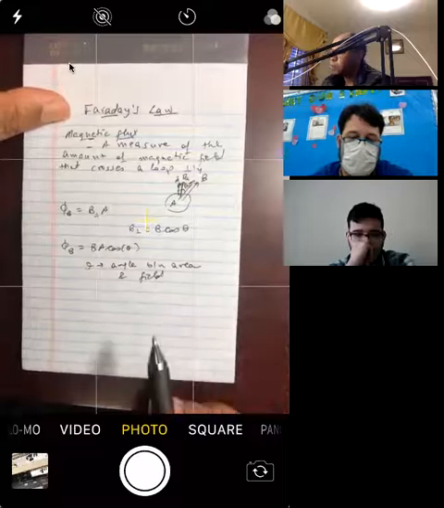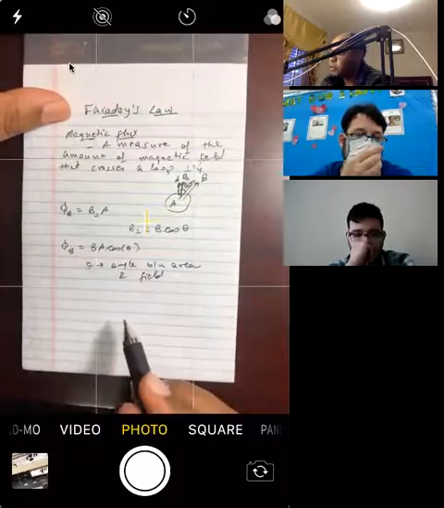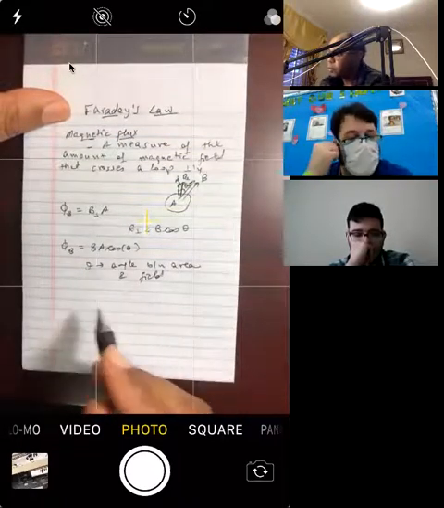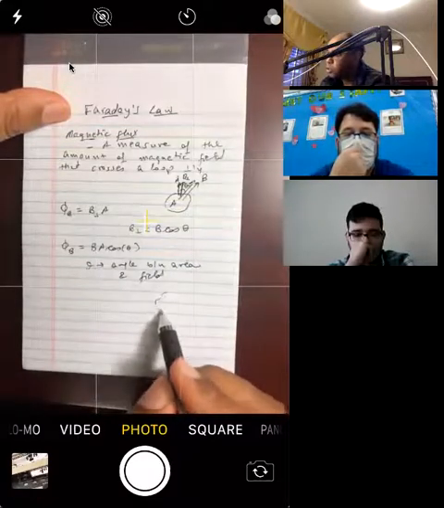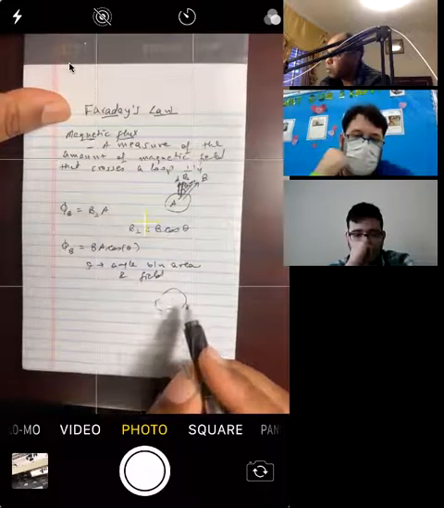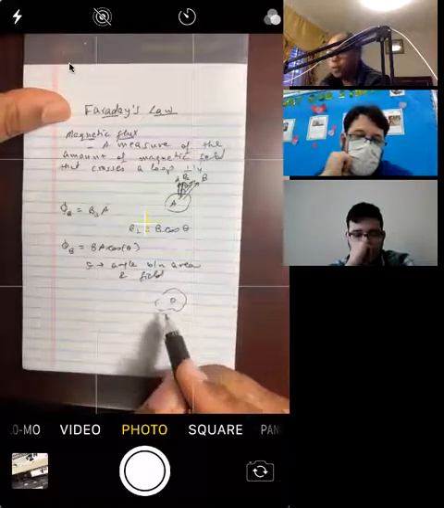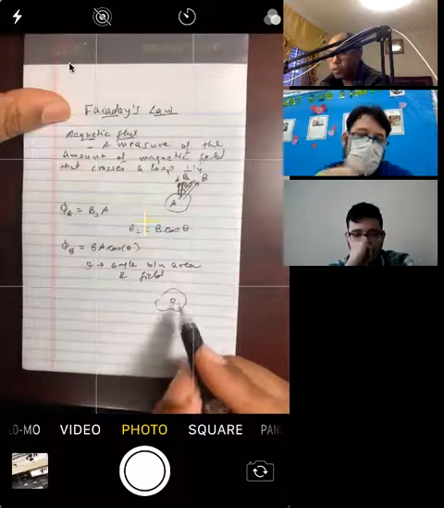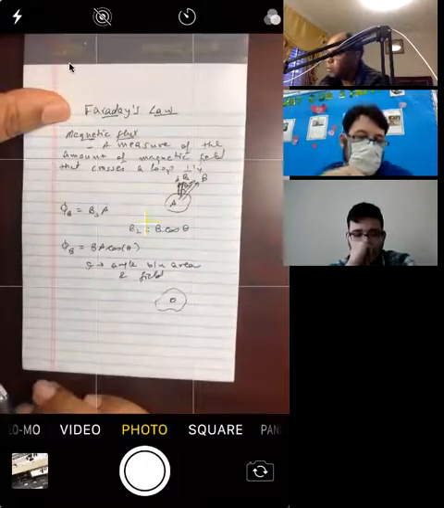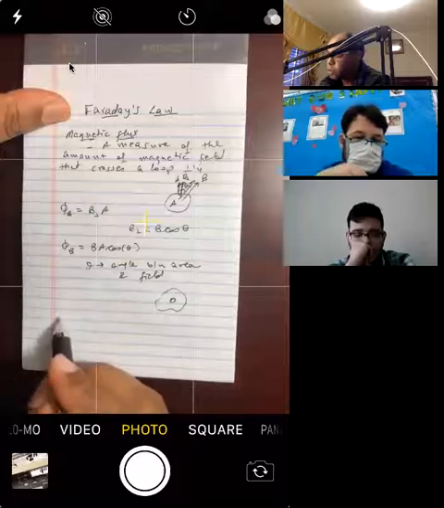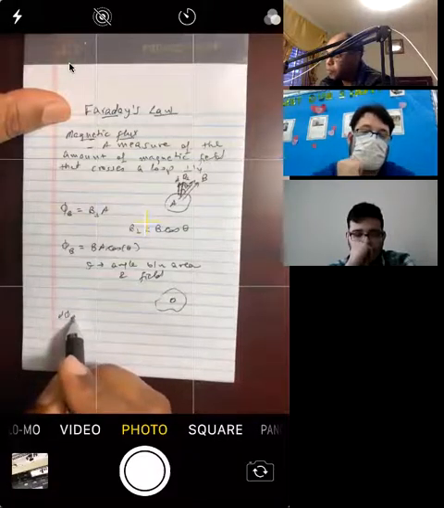So if you've got a situation where the magnetic field varies or the area changes and stuff like that, what you do is you take a small element of the area, okay? On that area, you can assume the magnetic field to be constant, right? And the angle should be constant. So you take d phi B, okay?